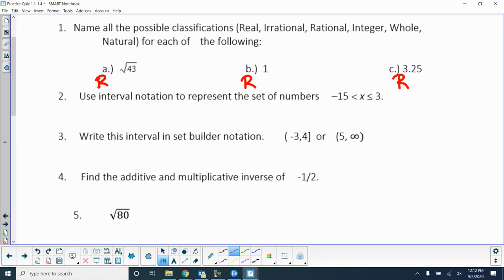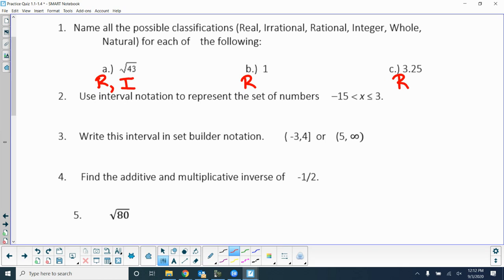It is. The only type of square root that is not is what type under there? What's under the radical? Perfect squares, yeah. So if it's not a perfect square underneath the radical sign, then it's going to be irrational. And if it's real and irrational, we're done. It can't be any of the others, right?